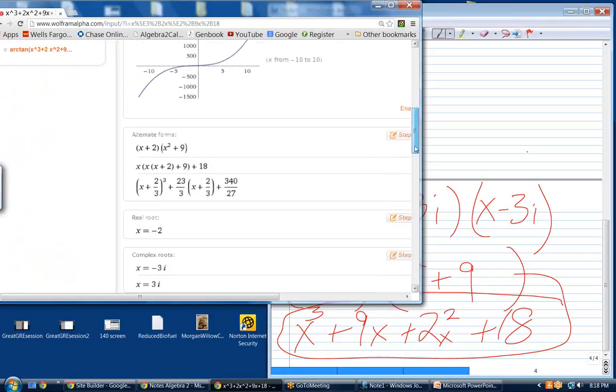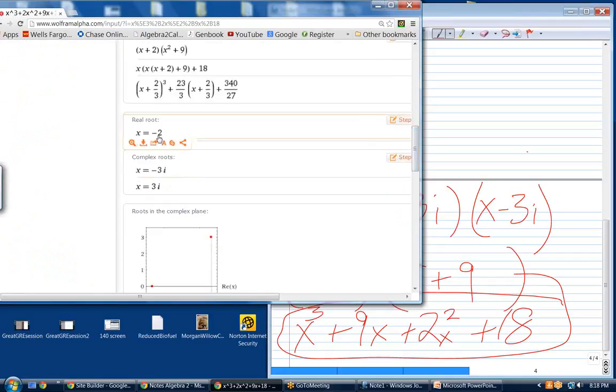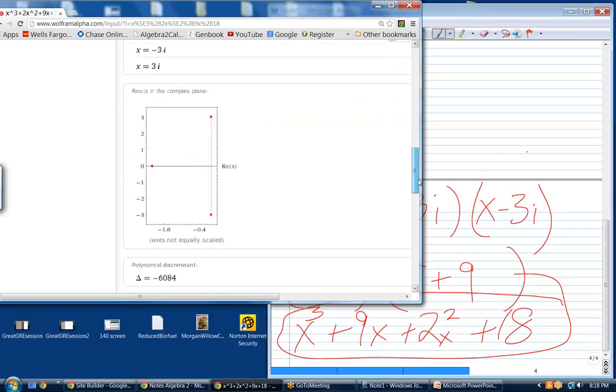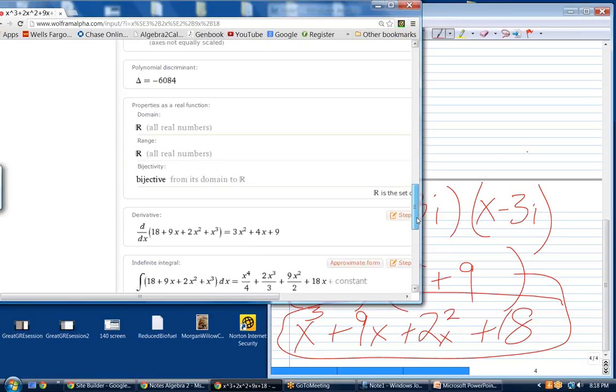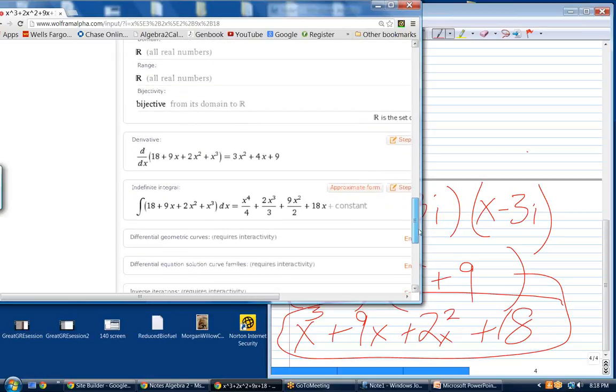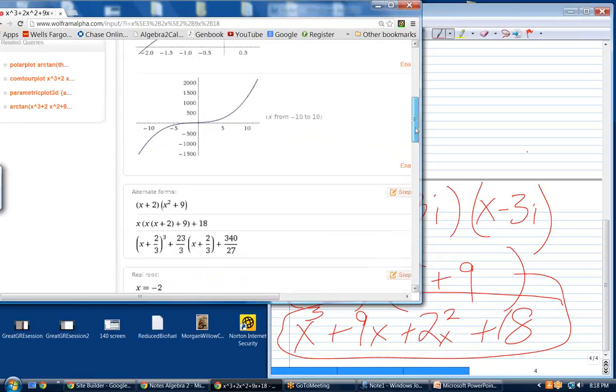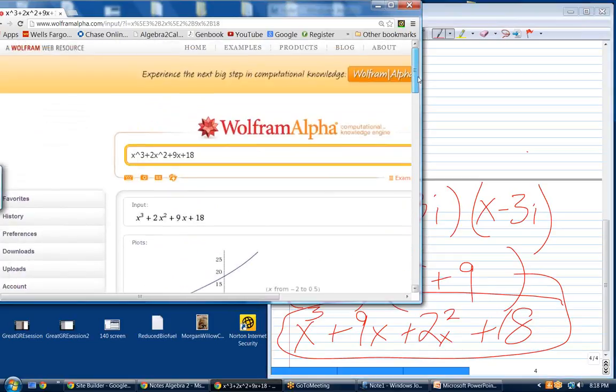And this even gives us the roots: minus 2, minus 3i, plus 3i. This is a nifty program. It gives us all kinds of things. It gives us the derivative, the integral, geometric series, all of it.